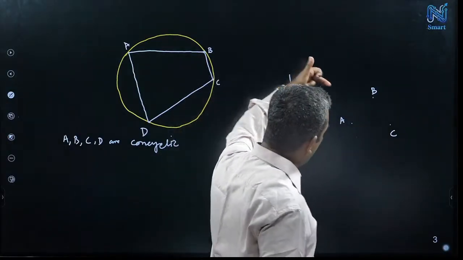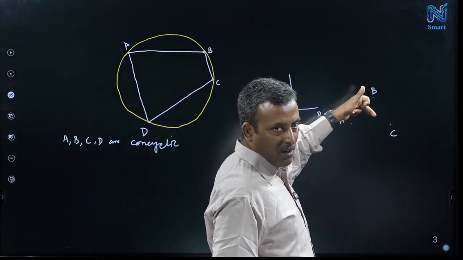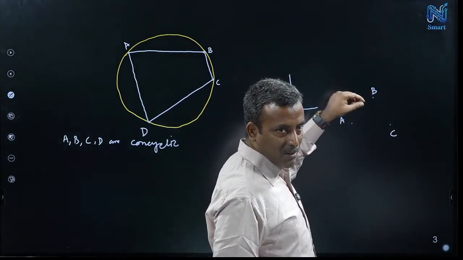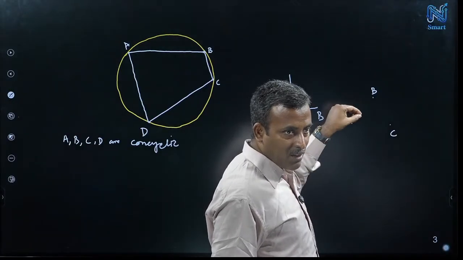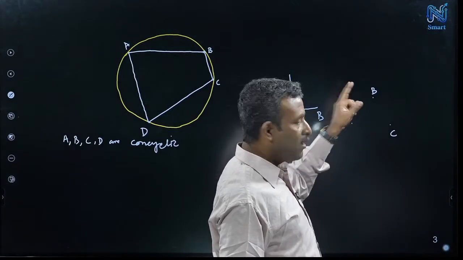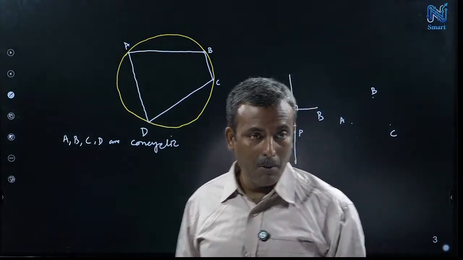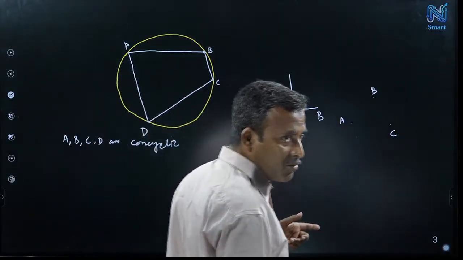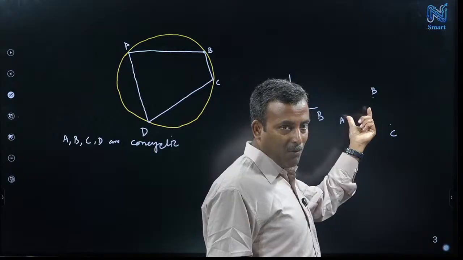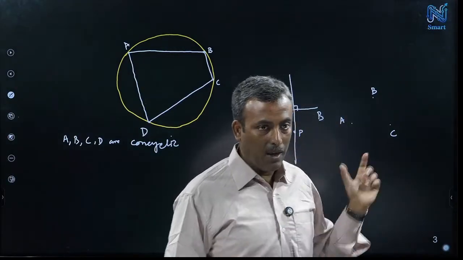If you take any point on the perpendicular bisector of AB as a center, then that circle passes through A and B. And if you take any point on the perpendicular bisector of AC as a center, then that circle passes through A and C, with the radius, obviously, OA.